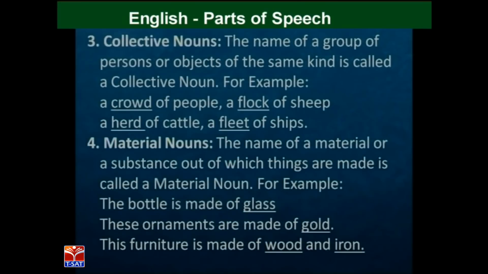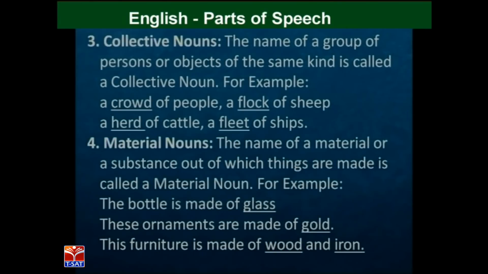A flock of sheep, a herd of cattle, a fleet of ships. Likewise, a collective noun is the name of a group of persons or objects of the same kind. Crowd, flock, herd, fleet, these words are all collective nouns.